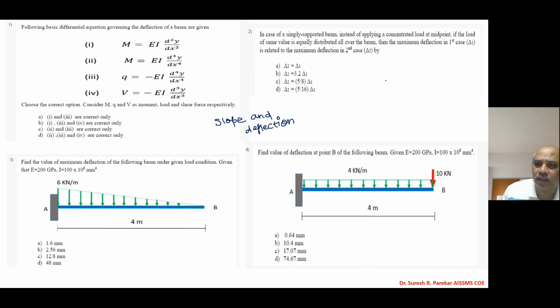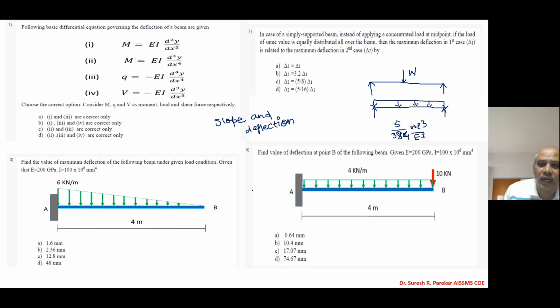Standard values we should know. If we have a concentrated load at center, then we have WL cube by 48. If we have UDL throughout the span, then we have 5 by 384 WL cube upon EI.